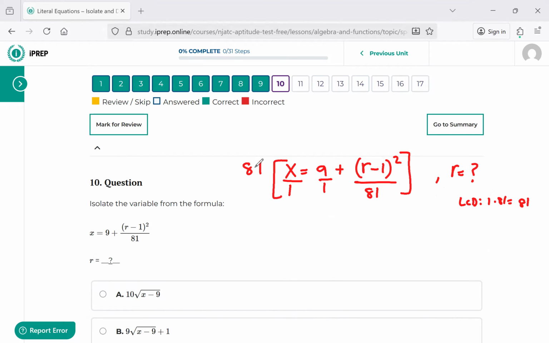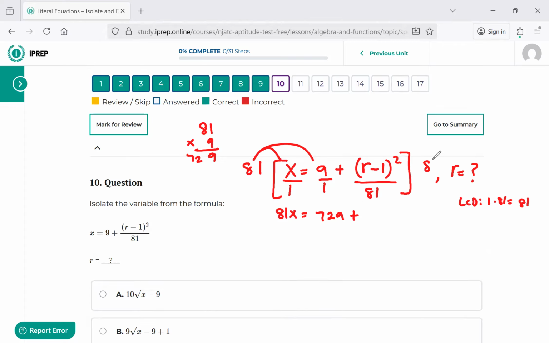Let's see if this makes it better. What's 81 times x? 81x. What's 81 times 9? I know that 9 times 8 is 72, so it's 729.